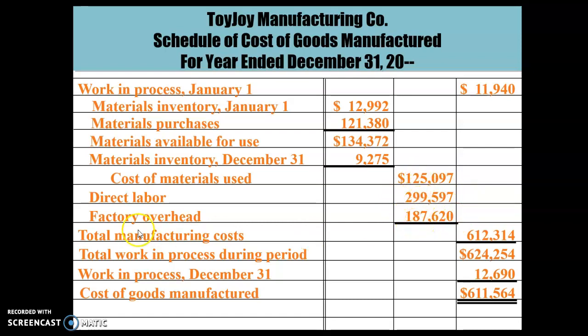Those 3 together equal our total manufacturing costs. Those are added to the beginning work in process to get the total work in process for this period. We subtract out what was left over in the ending work in process, and that gives us the final cost of goods manufactured.